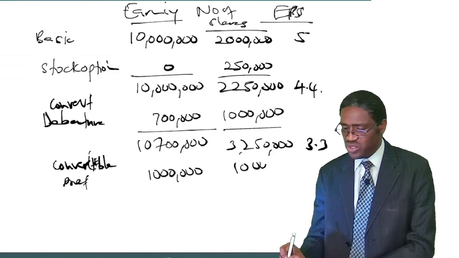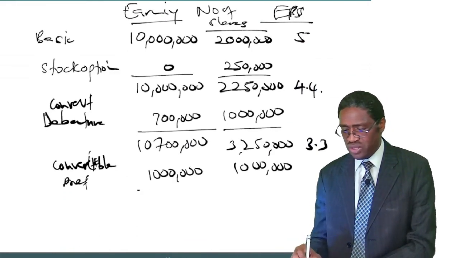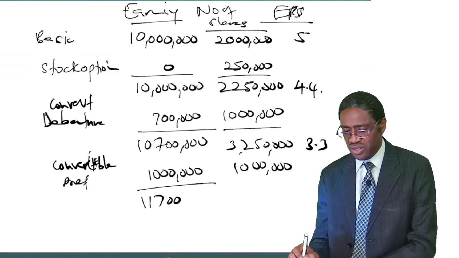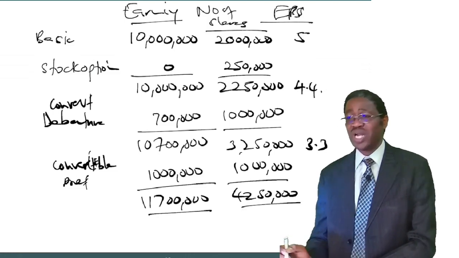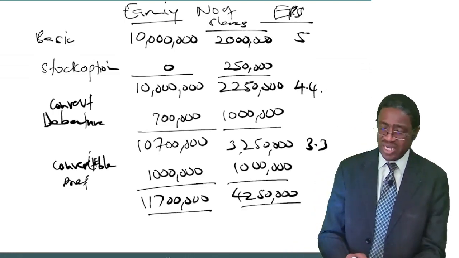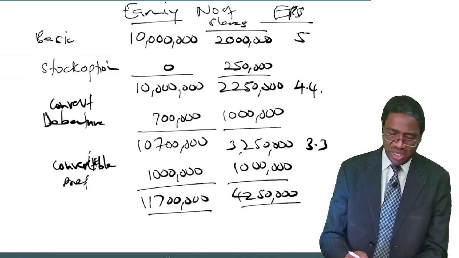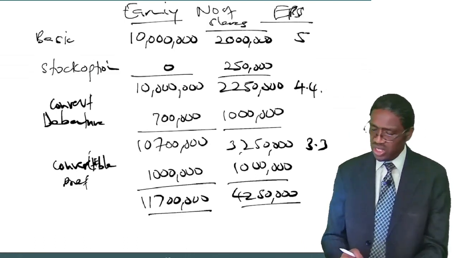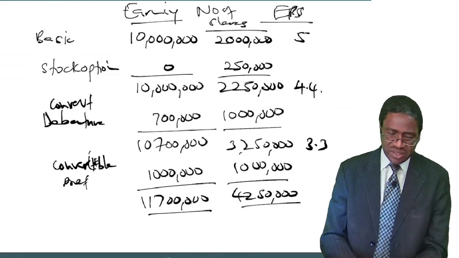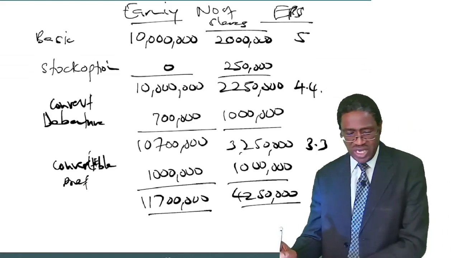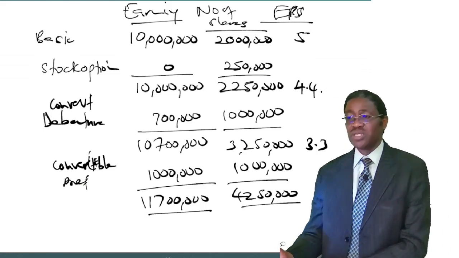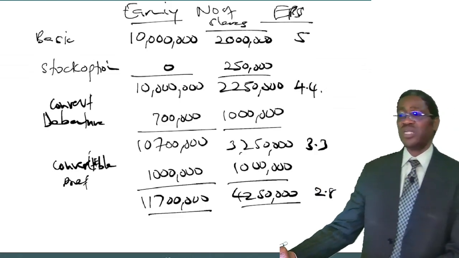The number of shares would also increase by 1 million. So this will be 11.7 million, and this will now be 42.50. So we take that 11,700, divide by 42.50, and that gives me 2.8. That is what now becomes the EPS.